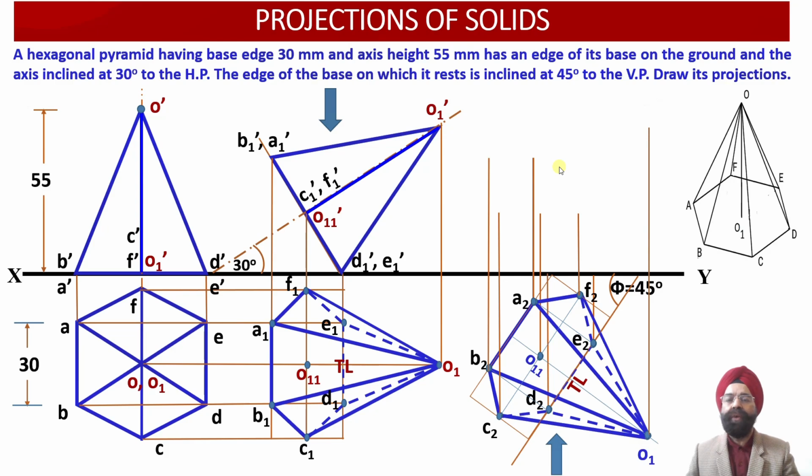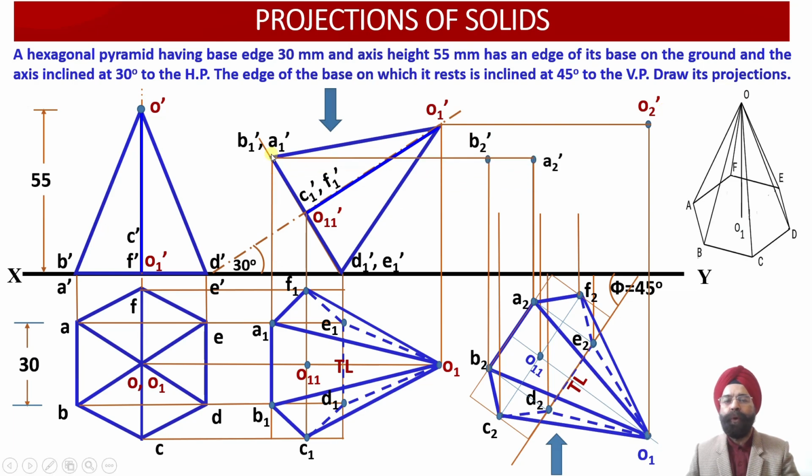Let us now evaluate the location of these 8 elevation projection points corresponding to this oblique hexagonal pyramid. The first point we have available is O1 dash. From O1 dash, we have drawn a horizontal projector line. Wherever this horizontal projector line is intersected by the vertical projector line drawn through the point O1, this intersection point provides us with the location of the point O2 dash in the elevation projection view.